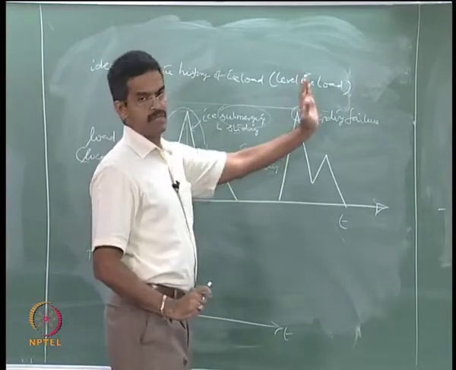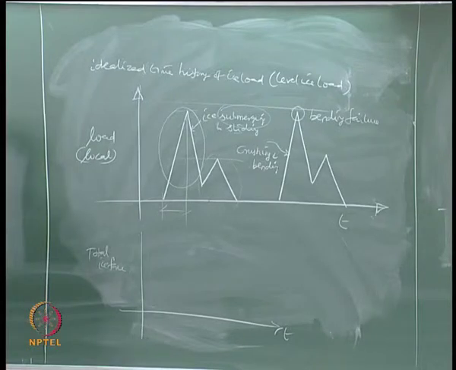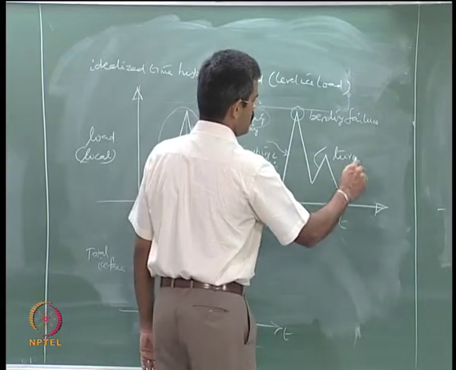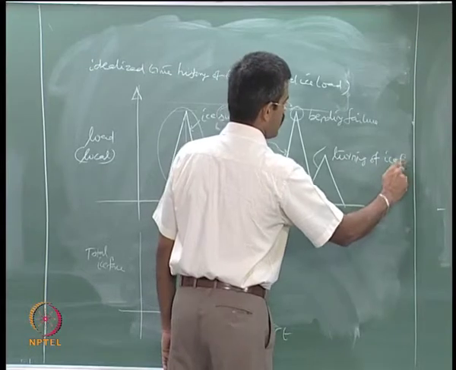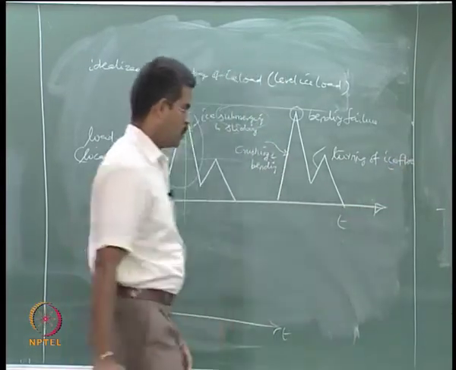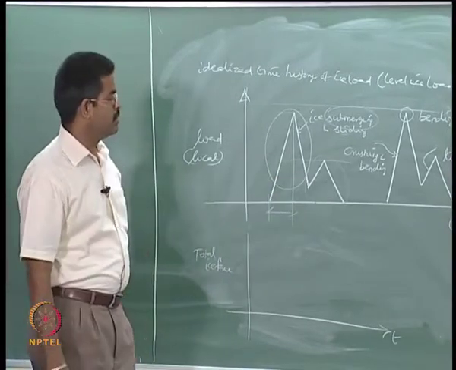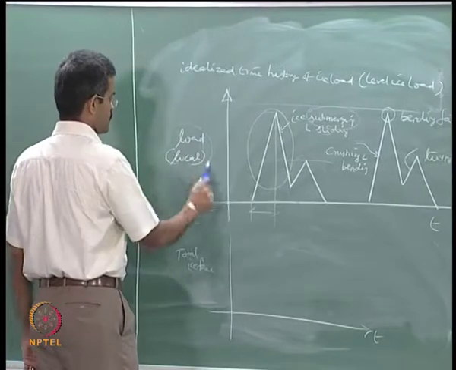It keeps on increasing. And this load is mainly due to turning of what we call ice flow. Turning of ice flow creates an additional load on the marine structures. This is about the local effects.